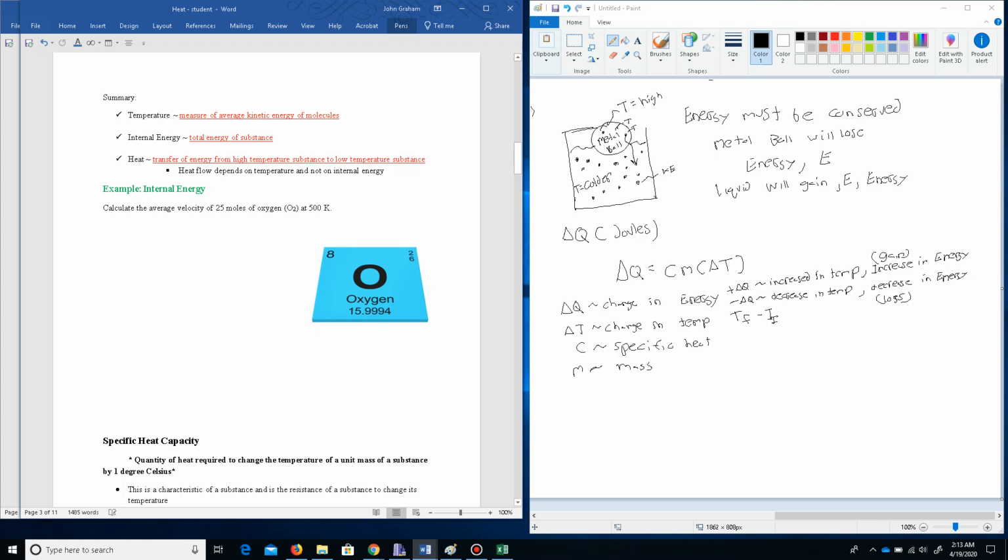Alright, so let me get to this example. Let me clear this page so I can have more clean space.